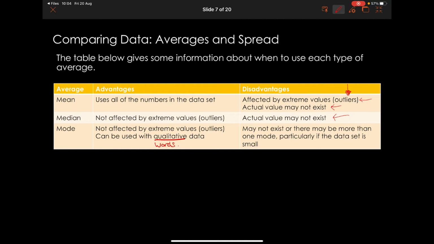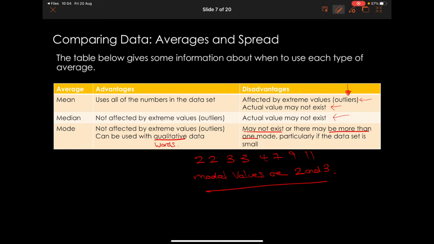So there might not be a number that repeats itself a lot of times, or there might be more than one that comes up. So if it was 2, 2, 3, 3, 4, 7, 9, 11, the modal values we can say are 2 and 3. So we'd have to say that there's more than one.